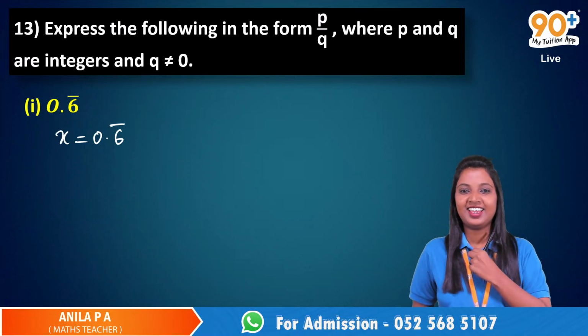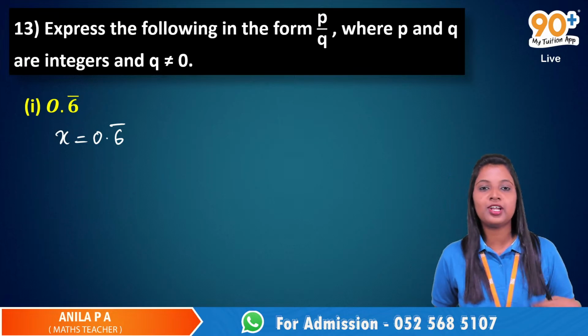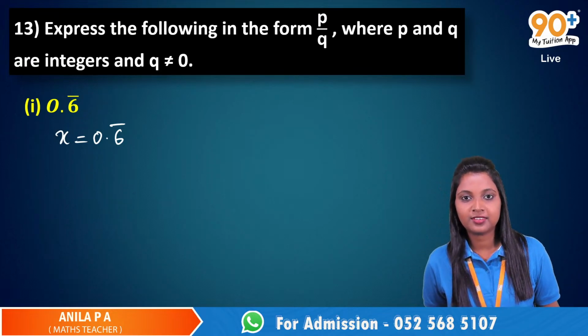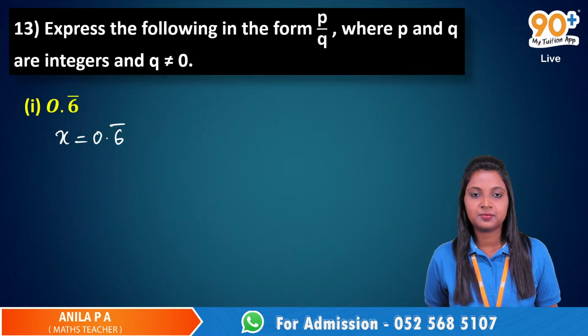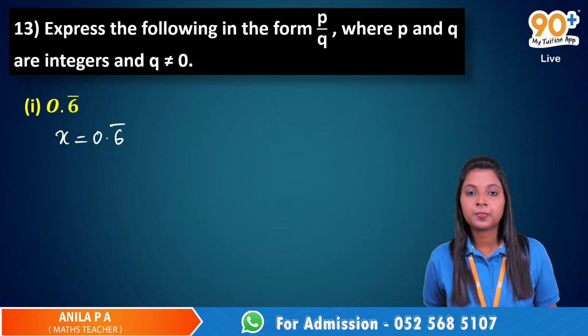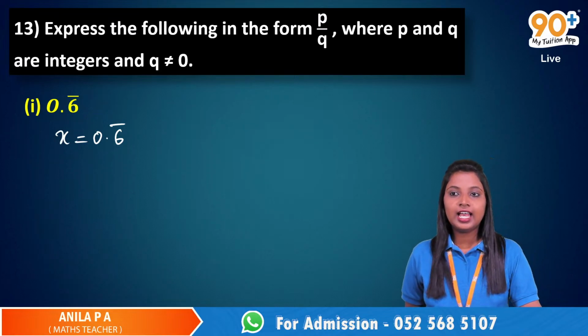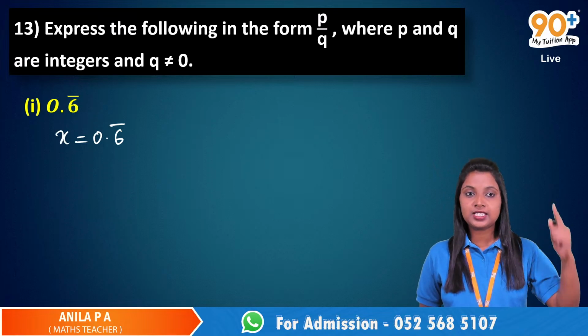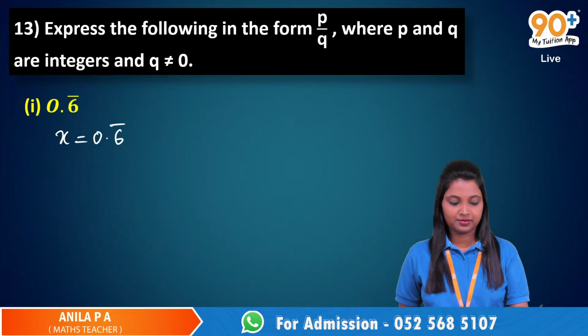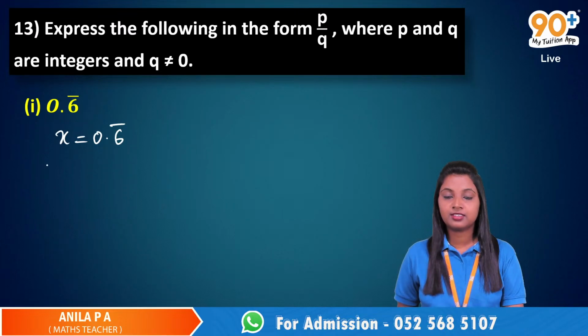Fine. Yeah, okay. So, x is equal to 0.6 bar. How many digits are repeating here? Ma'am, we cannot even tell, infinite digits. They keep on going. One digit is repeating, like 6666. Okay. So now we should multiply by 10, ma'am.